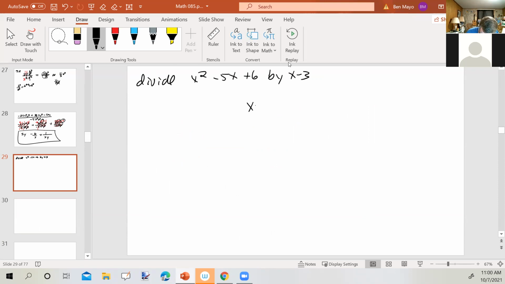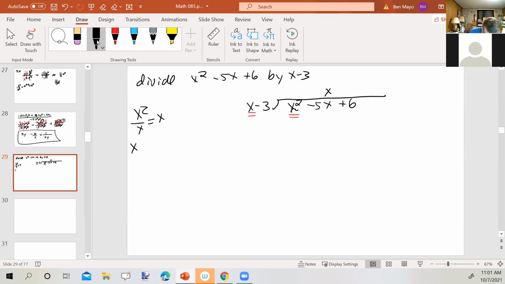So you'd have x minus 3 as the divisor outside, x squared minus 5x plus 6 as the dividend inside. Note that the dividend and the divisor should both be in descending powers of the variable. In this case, they are. So then I take the leading term inside divided by the leading term outside. X squared divided by x, which is x, goes there.